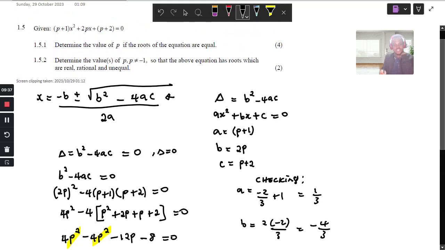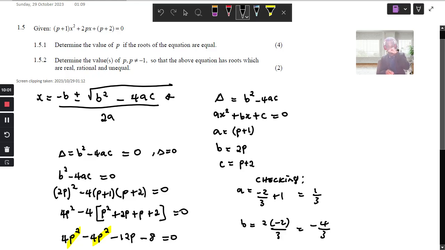Okay. So now we are required to determine the value or the values of p, provided that p should be different from minus 1, so that the above equation has roots which are real, rational, and unequal.